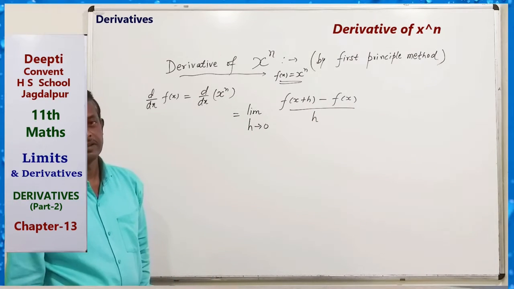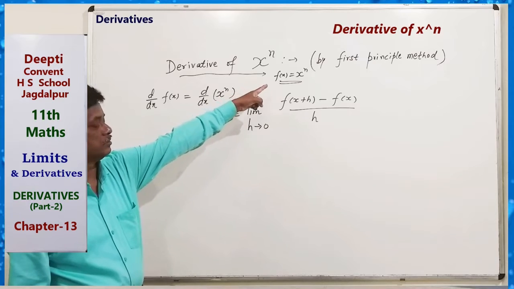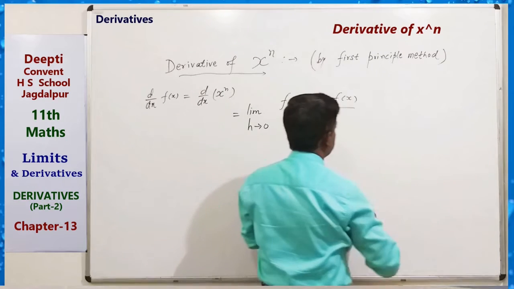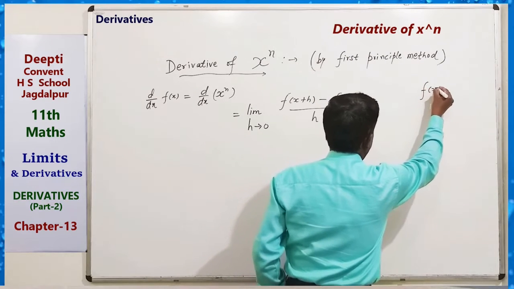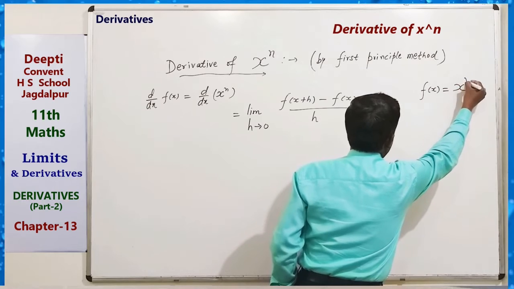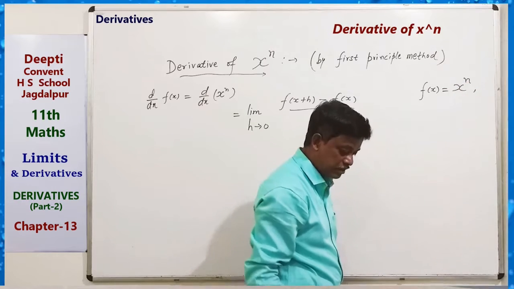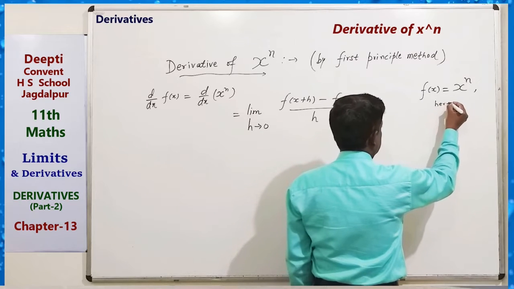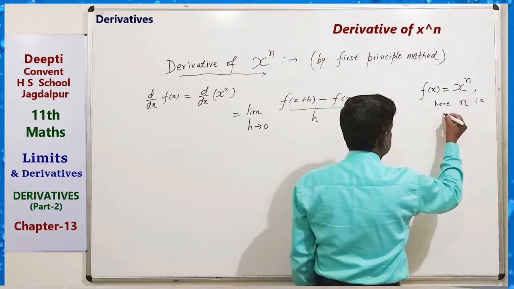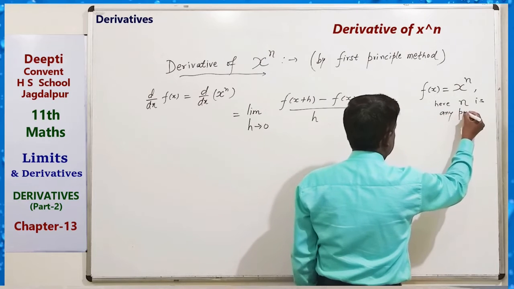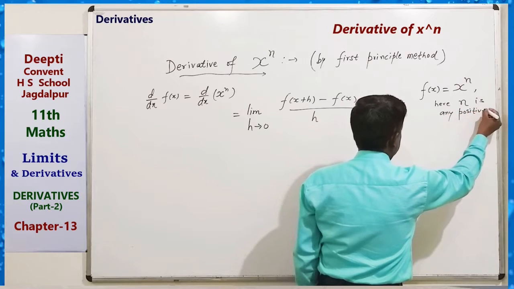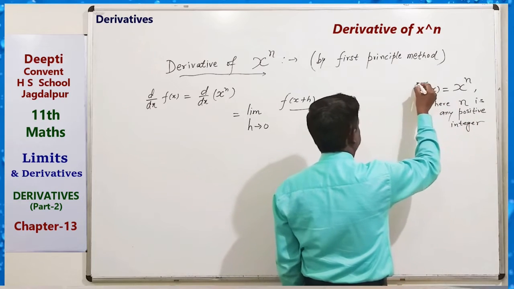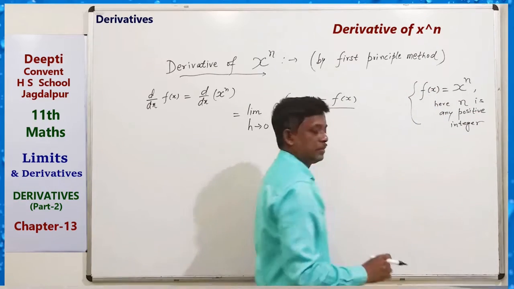Here f(x) equals x to the power n, where n is any positive integer. Clear?